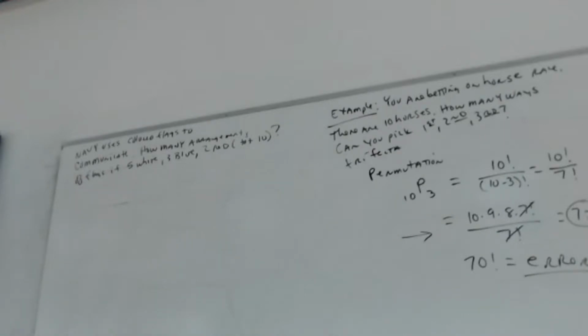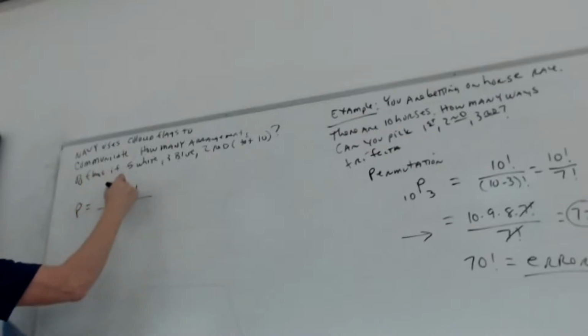Okay, so if you're using these to communicate, does order matter? It would matter depending on the message that you want to send. So would order matter? Yes, order should matter, right? Okay. So this is a special permutation. We've got 10, so it's a permutation.